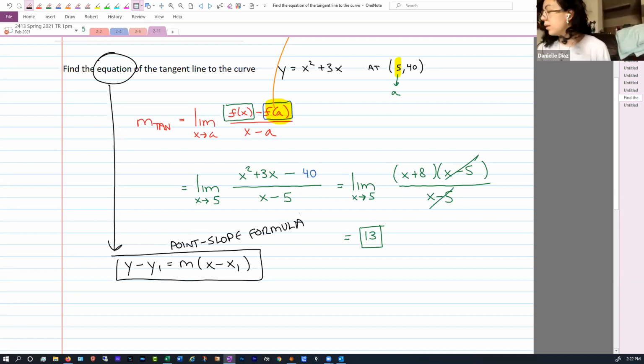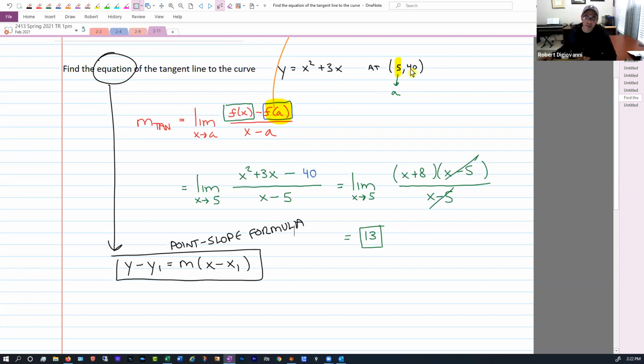Yes. Hey, Professor, just a quick question. Since we had these points right here, like 5 and 40, why didn't we just plug these points into this equation, y equals x squared plus 3x first, and then do rise over run? I know exactly what you're saying, because this is actually a point on the graph. It is not an interval.